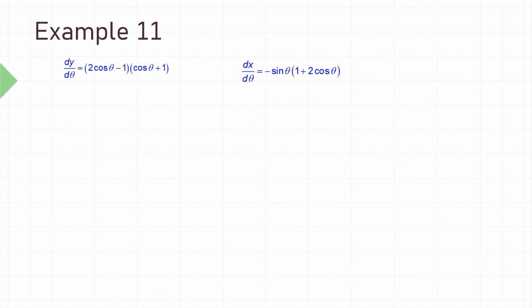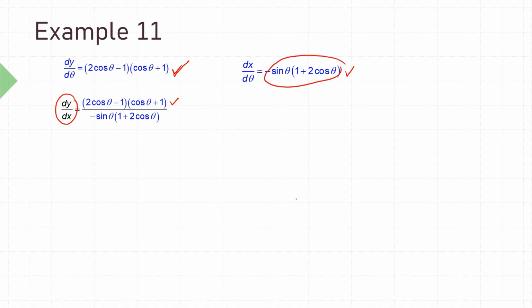To find the limit, we have to find the limit of dy over dx. We already have dy over d theta and dx over d theta. Substituting inside the formula for dy over dx, which is given by dy over d theta divided by dx over d theta, this is dy over d theta over here, and this one is dx over d theta. We put it here. Don't forget that negative sign.